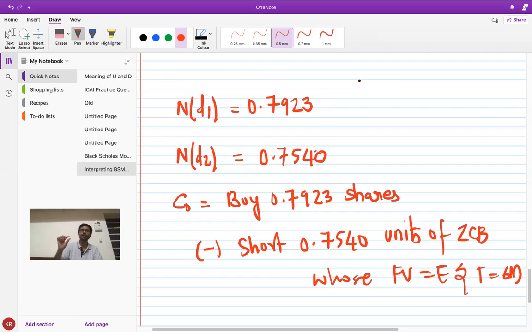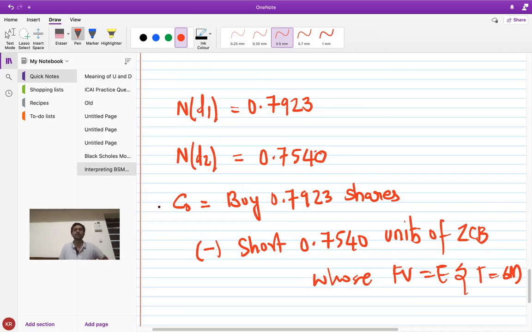Okay, the calculation of delta has actually improved from 0.76 to 0.79. Obviously if you break the whole term of the option contract into infinite small steps, your working or the calculation improves, right? So we saw that the delta as per single period was 0.76, whereas the delta as per Black-Scholes model is 0.79.